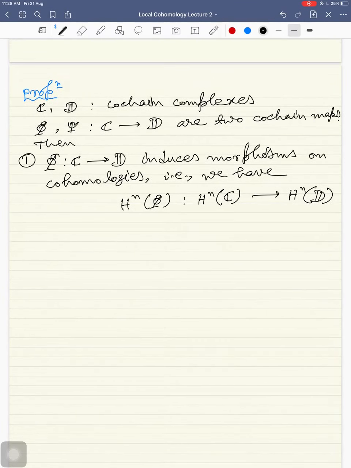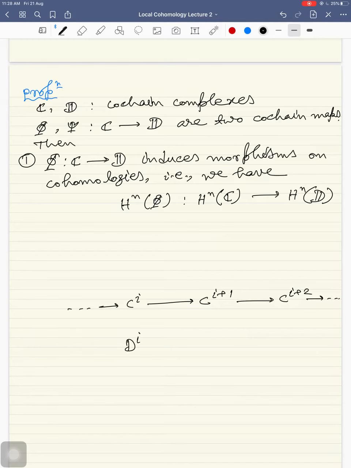In terms of a diagram, you have Ci goes to Ci plus 1 goes to Ci plus 2, and so on, since we are considering a cochain complex.